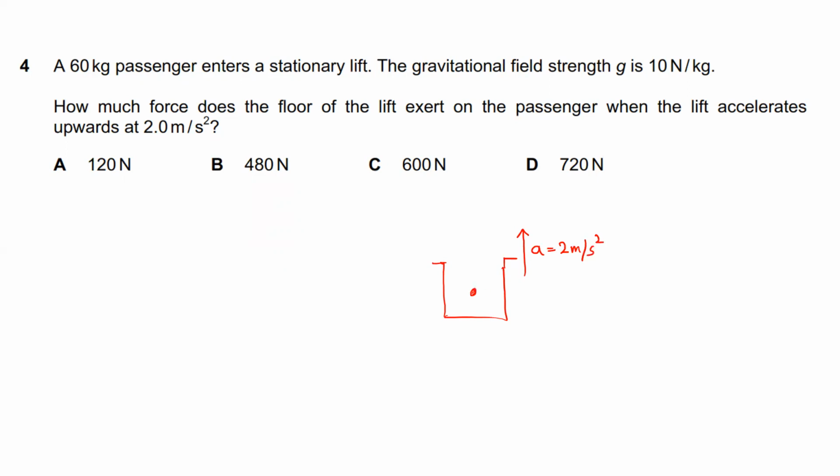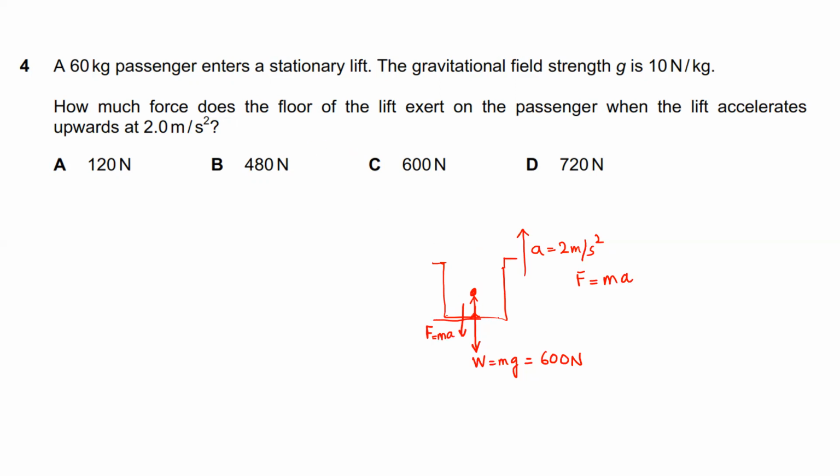And the person, say this guy is standing here, his weight is acting downward. So weight is mass into gravity. So weight becomes 600 newtons. And similarly, there is a force acting because of acceleration. So this lift is moving upward. So in order to counter this, the force the person will exert on the floor of the lift.